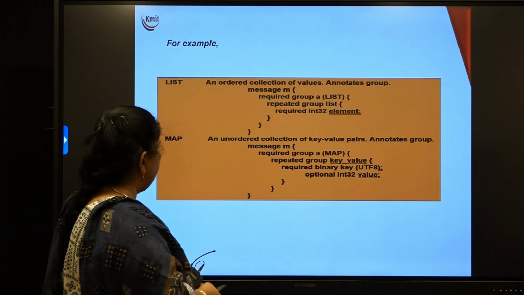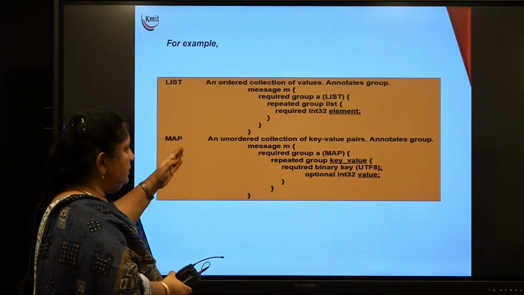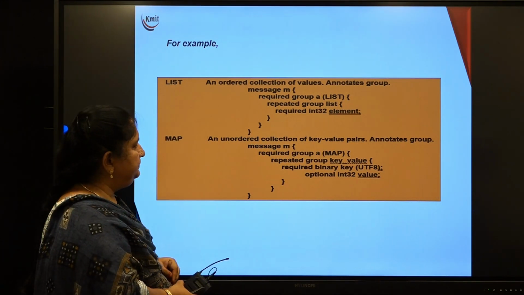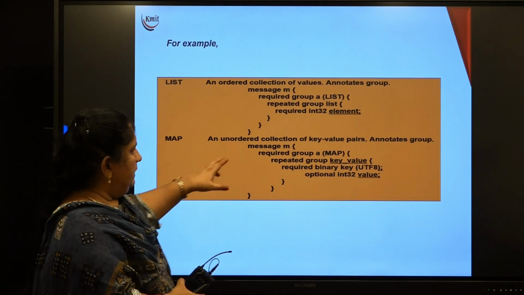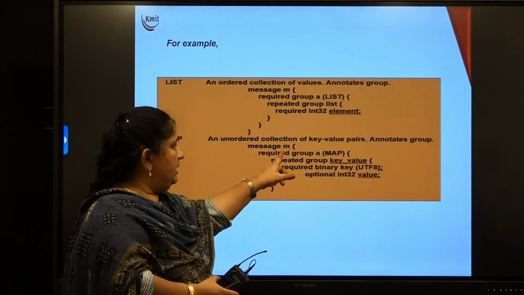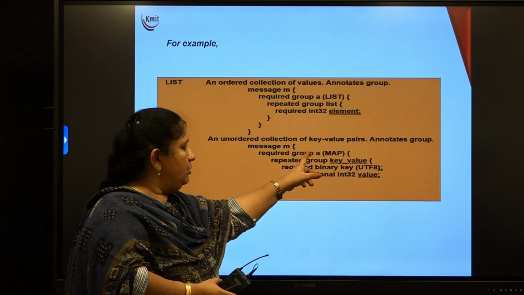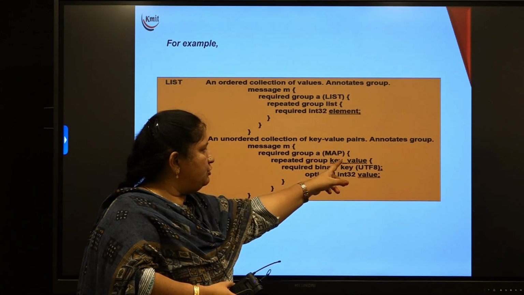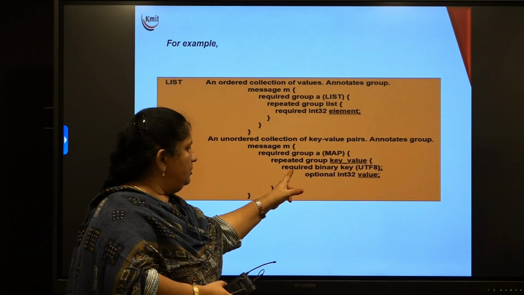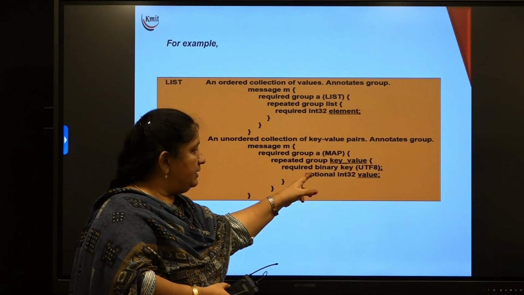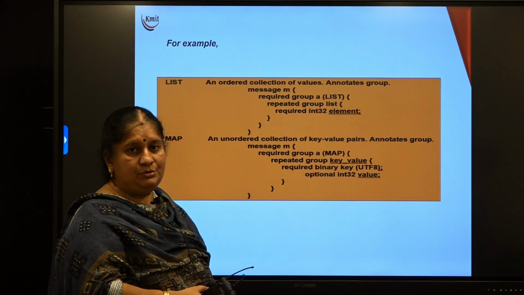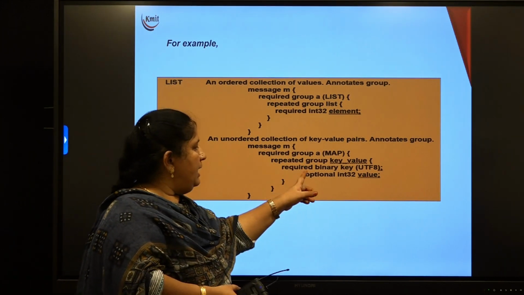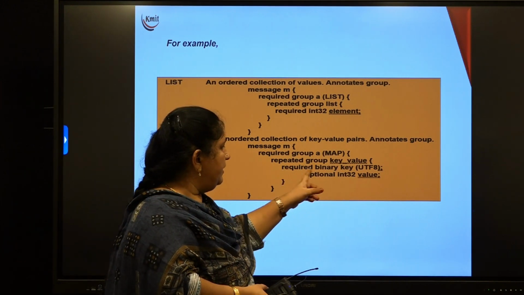Similarly, a map is an unordered collection. In case of a map, what are we trying to do? It is a message M, it is a required group, and the group name is required for a map, yes. And do I have a repetition of key values? Yes. Do I have values for them? What is the data type for values? Suppose in my example I want to define them as a string. I want to define keys.